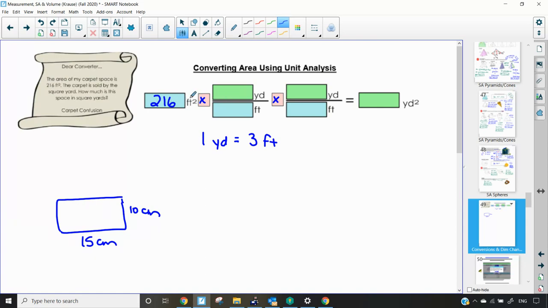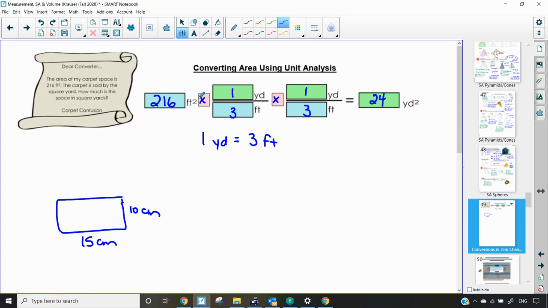So we start off with feet squared, we want to cancel feet and then cancel them again, and that means we're multiplying by our conversion factor twice. So we have 1 yard to 3 feet and 1 yard to 3 feet. We're going to have 216 times 1/3 times 1/3, or we could think about it as 216 divided by 3 and divided by 3 again, which gives us 24 yards squared.